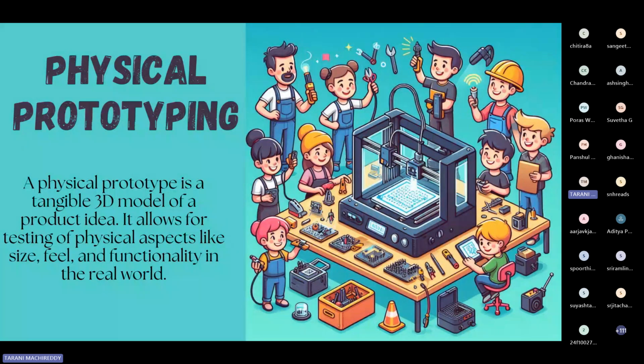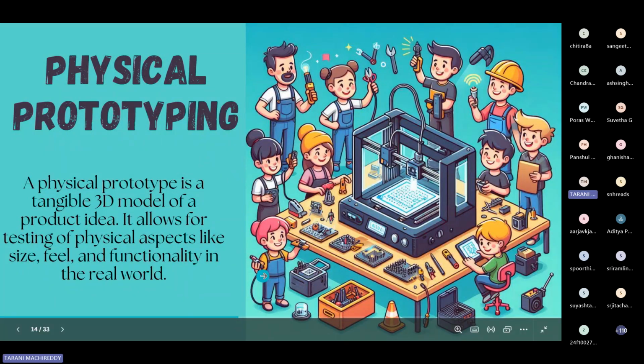In consumer electronics, we can evaluate the design and usability of devices like smartphones, laptops, home appliances, etc. And in medical devices, we can test the usability and safety of new medical equipment.